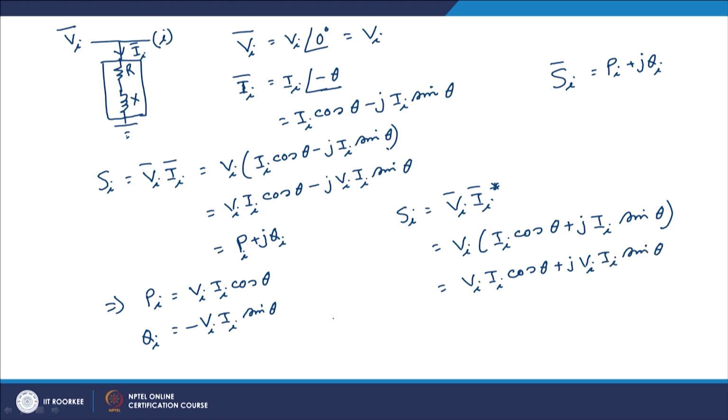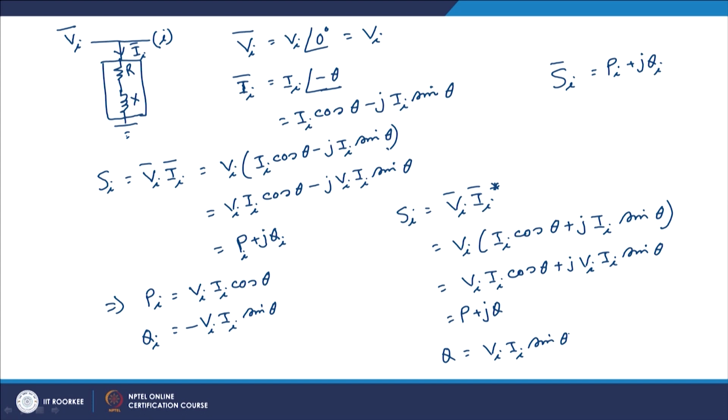Therefore, this is P plus jQ. P remains the same and Q now becomes Vi Ii sin theta, which is now positive and which is in tune with the convention. So, it is for this reason, to honor the convention, that we take the complex conjugate of the current to define complex power.